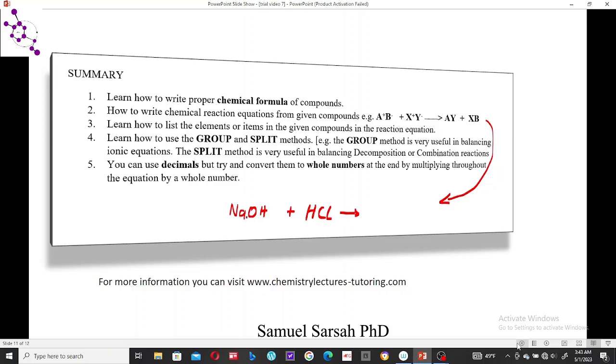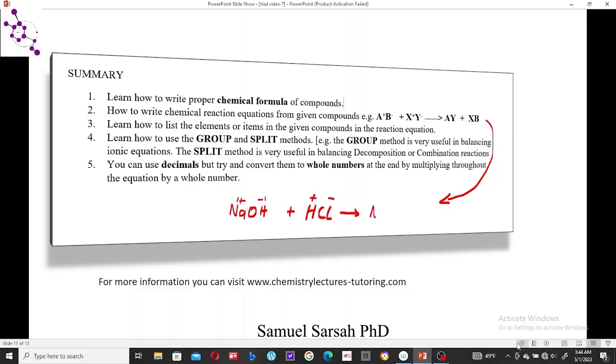So you have to know that sodium is a metal, as usual has a positive charge, and then the OH has a negative charge. Hydrogen usually has a positive charge. Chloride usually has a negative charge. If you know this, you can easily write the product.